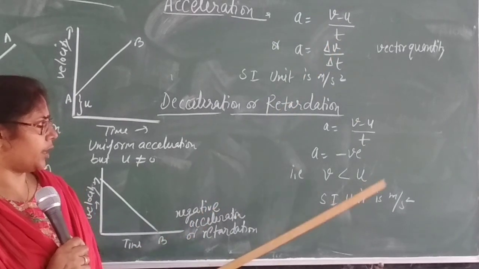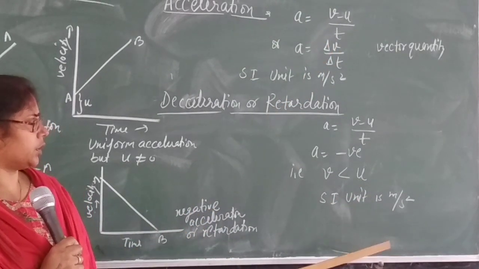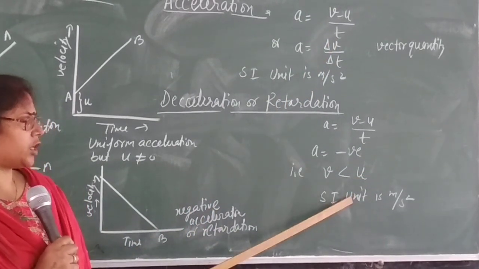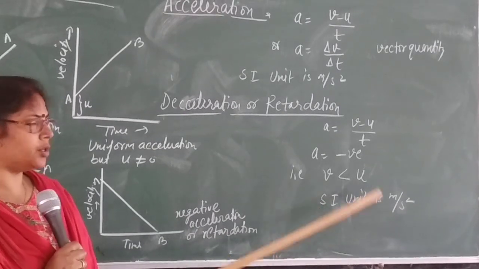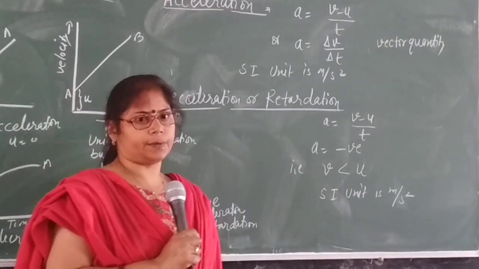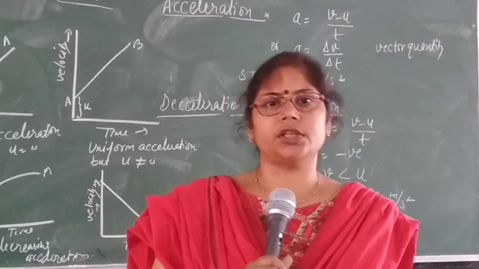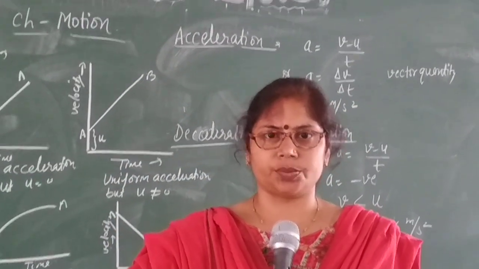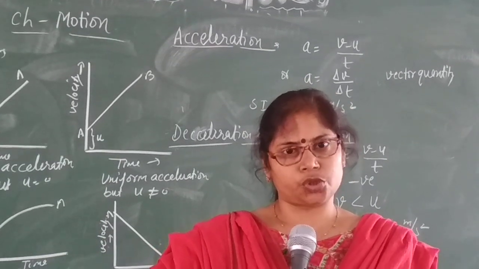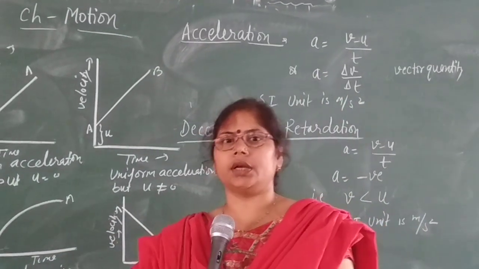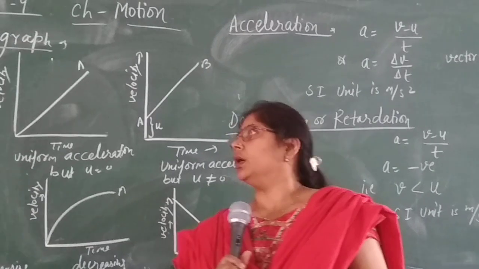Both formulas are the same, both are vector quantities and both have the same SI unit, meter per second square. You have to remember the difference between distance, displacement, velocity, speed, acceleration and retardation.